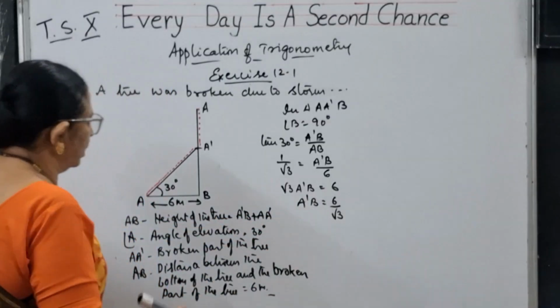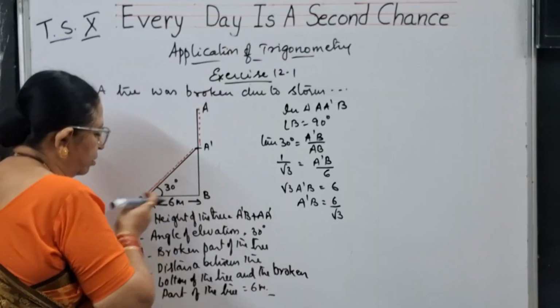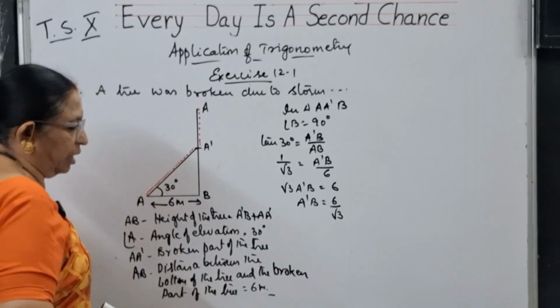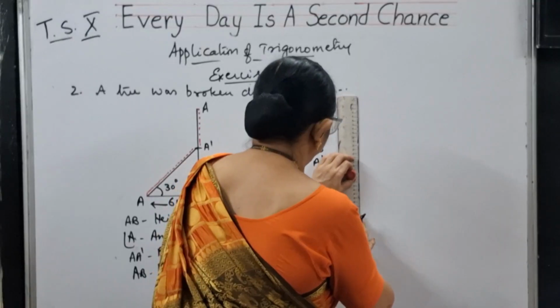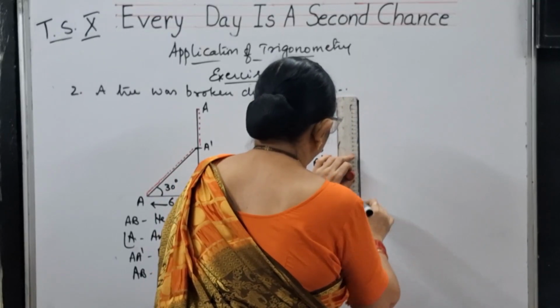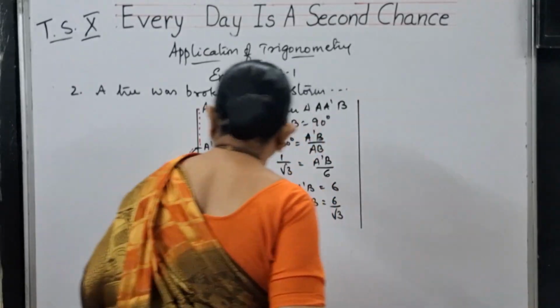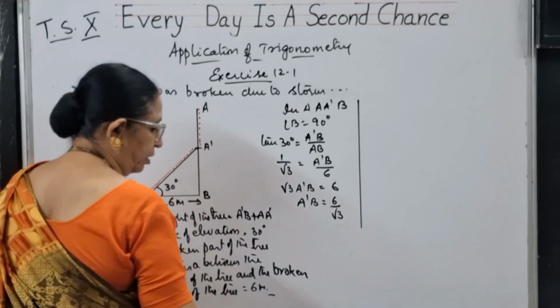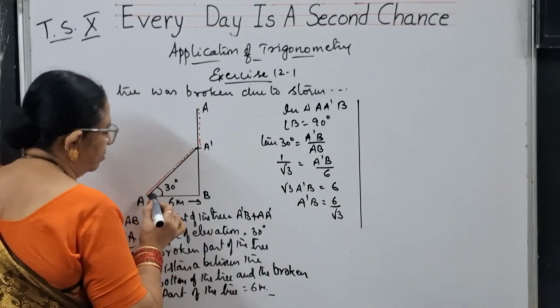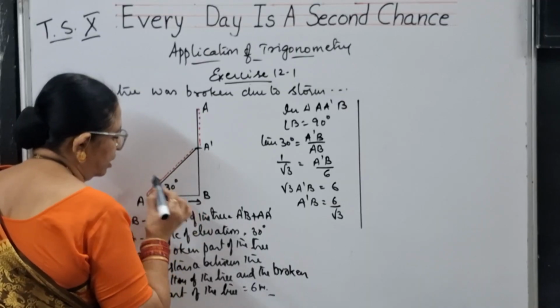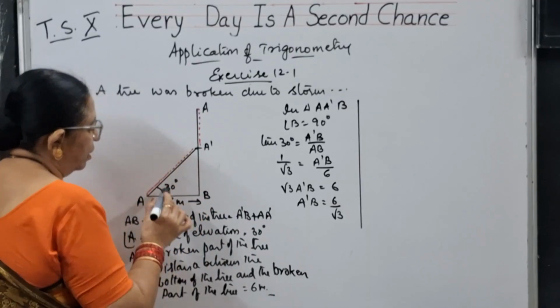So we have got only A'B. But now we need A'. So let us see again A'. How will you find out A', children? A' will be found by observing the sides given to us. This is base and our adjacent angle to this, and this is hypotenuse.